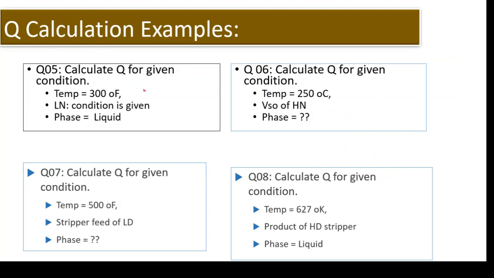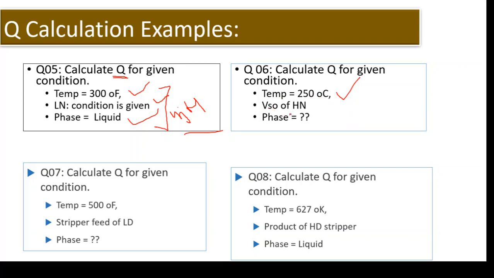Now after that you also have to calculate the Q value, that is the heat value for the given conditions. Temperature is given, phase is given, and for the light naphtha, we know about the light naphtha. The API value of the light naphtha can be taken from the earlier calculations, then find the value of H, and we can also find the amount, that is the M value, of light naphtha, and multiply M and H, which gives the value of Q. Similarly for the other one, this is for heavy naphtha, where temperature is given and the phase you have to guess.